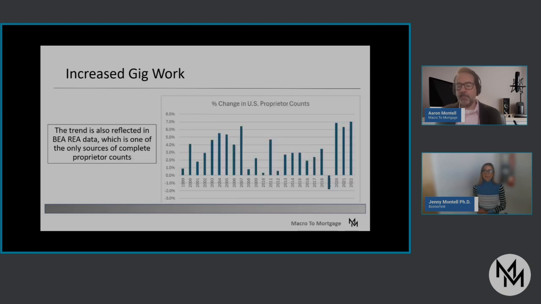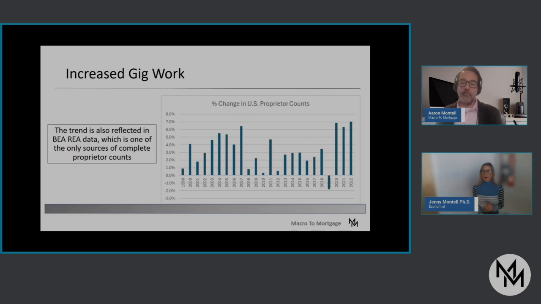Okay. And this is just another graphic from a different data source to kind of reemphasize the point about increased gig work. This is from the Bureau of Economic Analysis. They have a data set called the Regional Economic Accounts, and it's one of the only sources of complete proprietor counts. And so this includes all the types of proprietors that exist in the US.